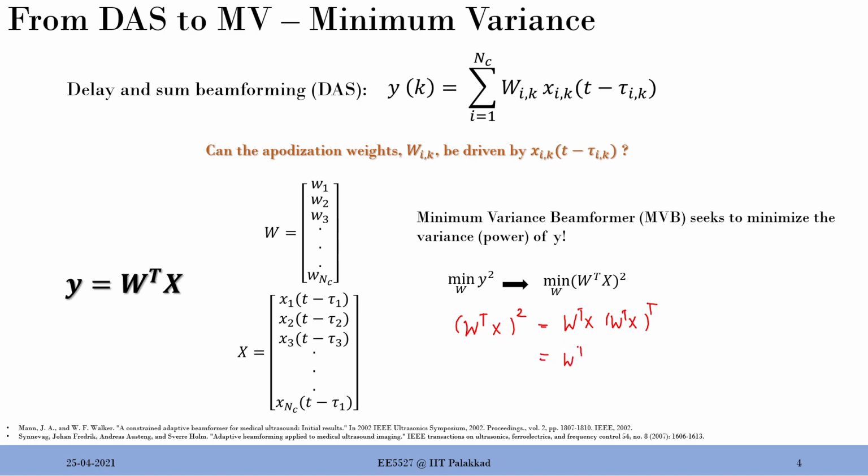And then if you do a product transpose, it will be the second term transpose multiplied by the first term transpose. So the second term transpose is X transpose, and then W transpose transpose is W, right? Or if somebody is confused, let me put it this way. So this is something like W transpose X, X transpose W, because the transpose of W transpose is W.